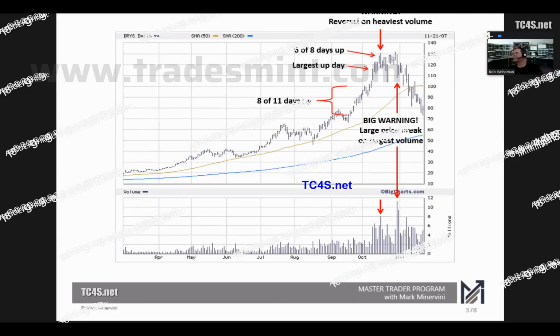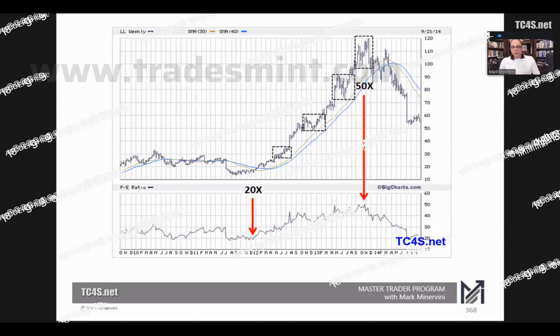Okay. On page 368, 370, just a few pages before. The question is being asked, do you know of any software that provides the historical PE ratio at the bottom of the chart other than bigcharts.com? I don't even really worry about this much. This is something that I do very rarely.